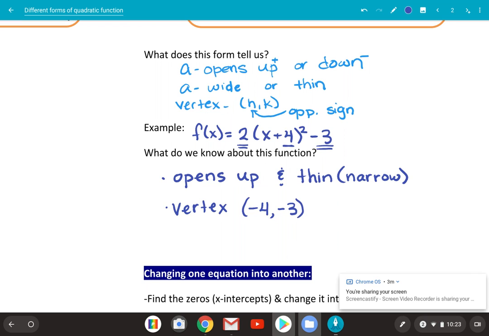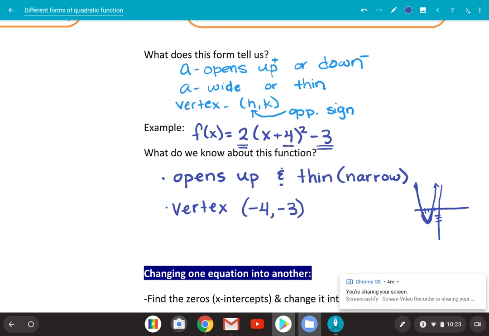If we had to graph it, we don't have to right now, we know at negative 4, negative 3 it opens up, and it's going to be very thin. That's supposed to be curved, but okay. So we have an idea of what we're doing. Not so bad. And that's vertex form.